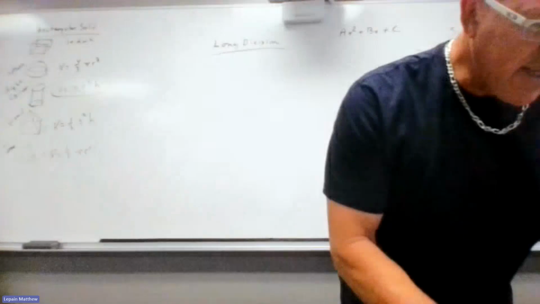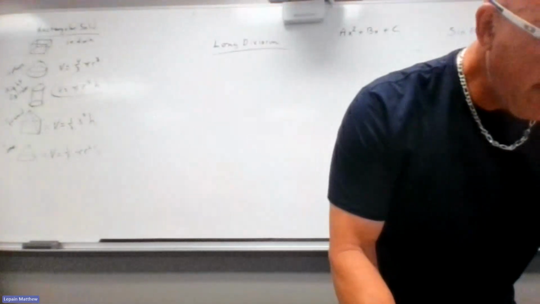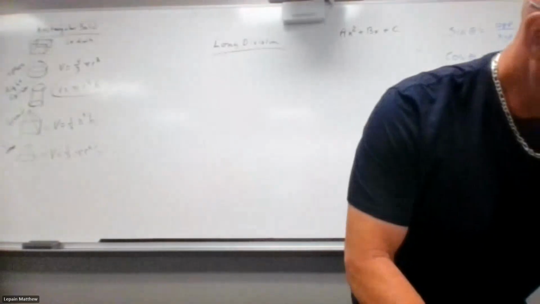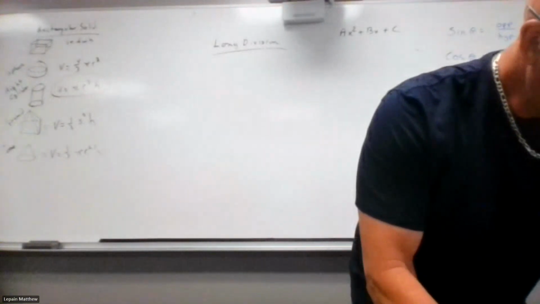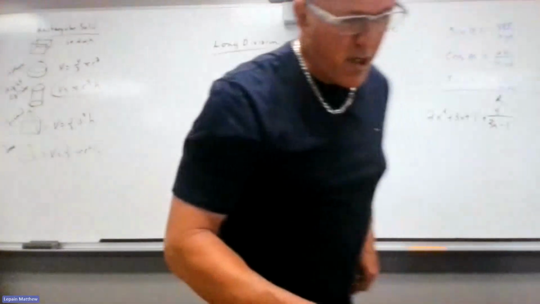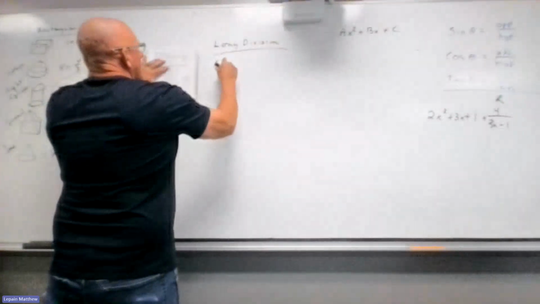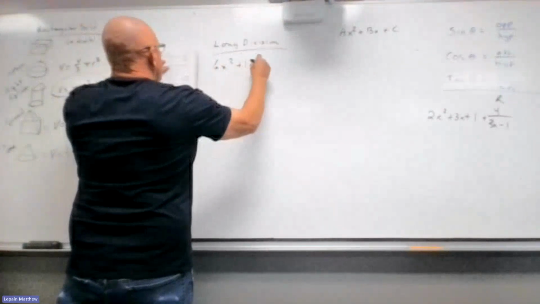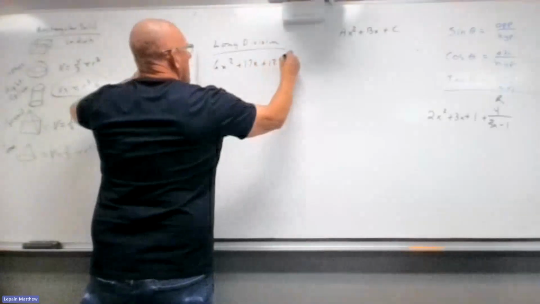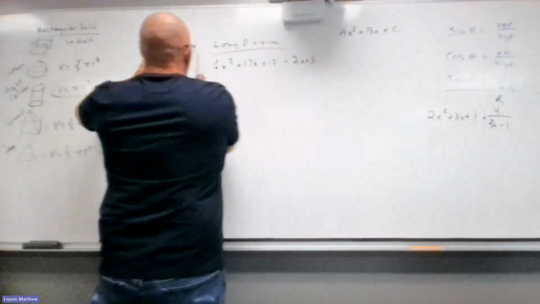Long division. Let me get this example out for you guys. 5.2. All right, we're going to start off with 2x plus 3. We got 6x squared plus 17x plus 12, and this is how they're going to write it for you, divided by 2x plus 3.